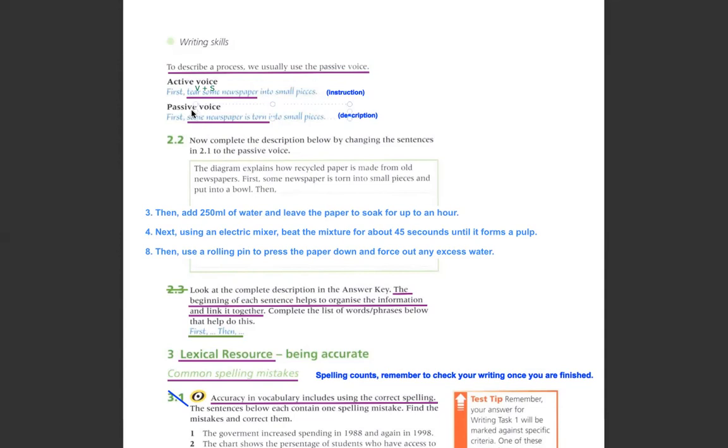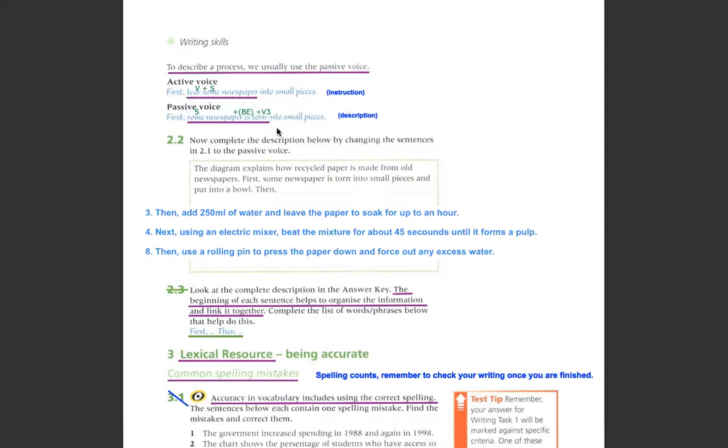So we want to say what's happening to the subject. Okay, so after the passive, we already said that we use, after the subject, the verb to be, and then we have the verb 3, torn. Okay, the same form that we just looked at.